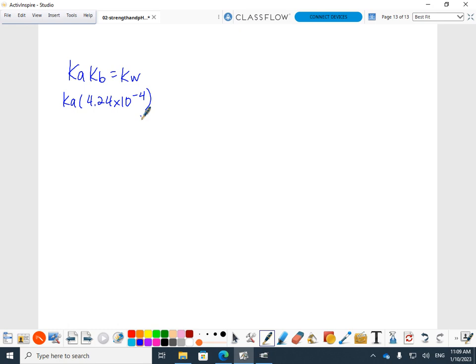Okay, so we just solved for Kb. The value for Kw is given, the Ka times Kb equals Kw is given.